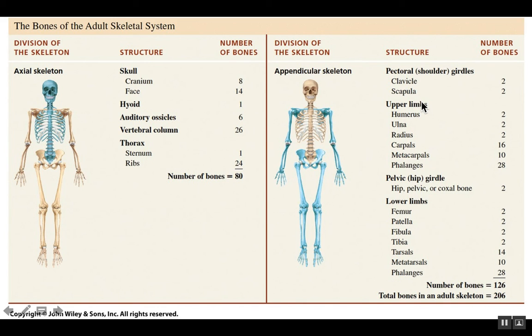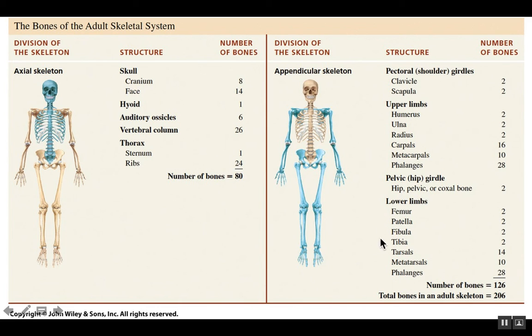We will move down, or distal, through the upper limb and learn the humerus, radius and ulna, carpals, metacarpals, and phalanges. Then we will move in and learn the hip or pelvic girdle, which consists of 2 hip bones, also known as pelvic bones or coxal bones.